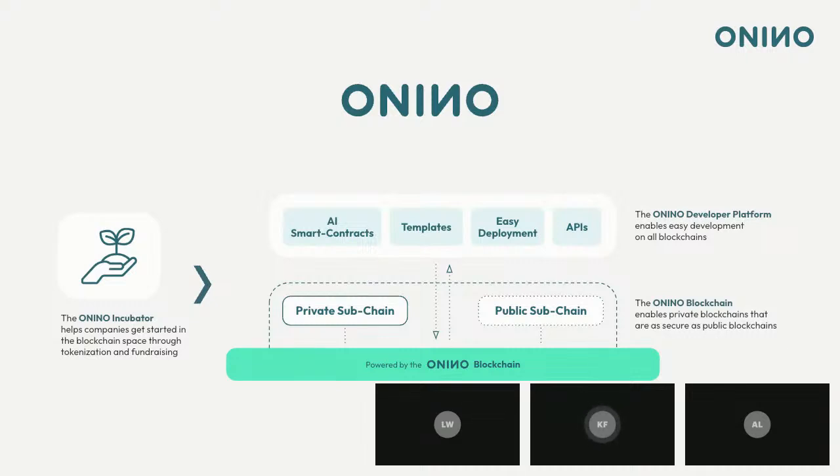Then we also provide the Onino tokenization platform, a compliant token sale platform where the customer's users can sign up, complete a KYC to be regulatory compliant, and then easily buy the tokens in question with just a few clicks. That goes up until the final launch of the token on a DEX. This is basically a service where we provide end-to-end support for the whole tokenization process. For us, of course, it also means onboarding high-quality and super interesting projects for our future Onino mainnet.